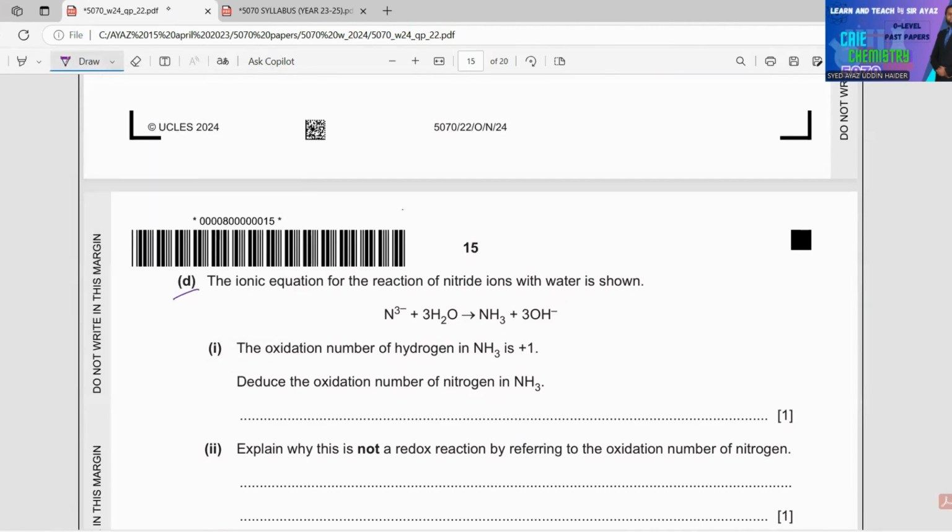This is part B. The ionic equation for the reaction of nitride ions with water is shown.